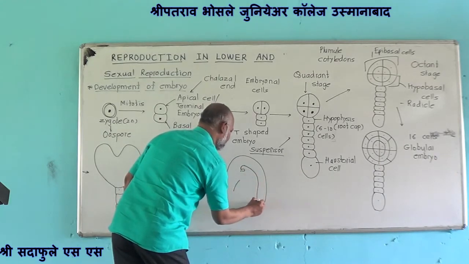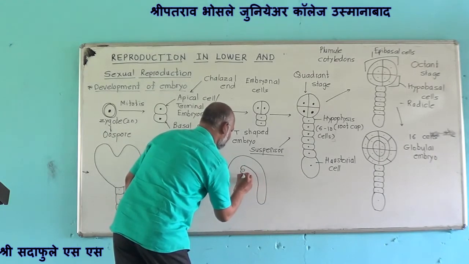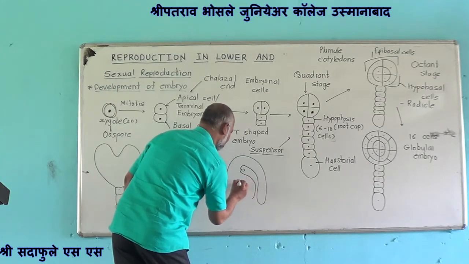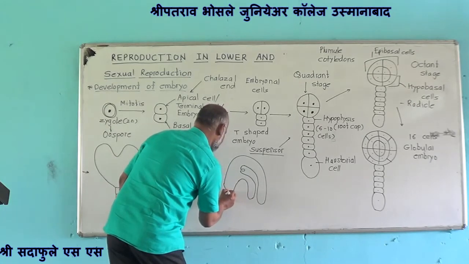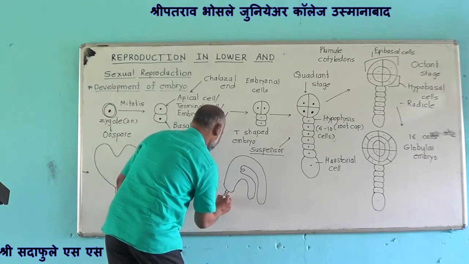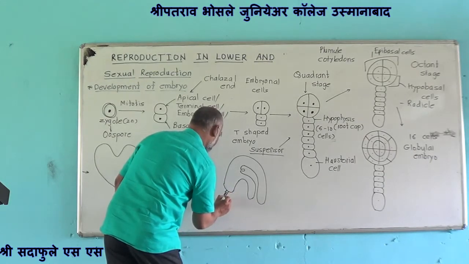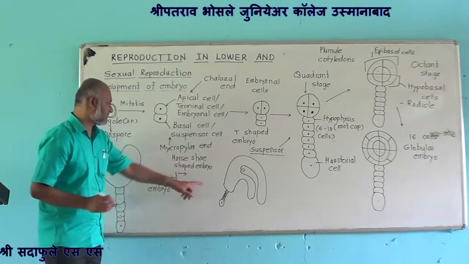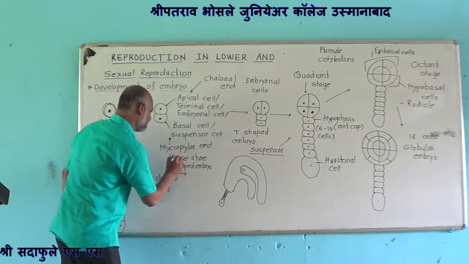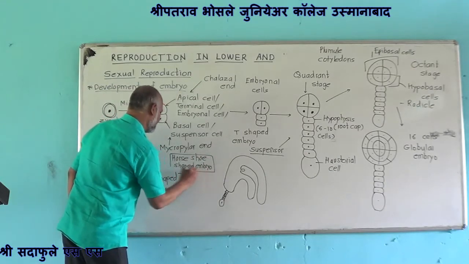Final structure of embryo. Here is again the suspensor, and here is the haustorial cell. Okay, it is a horseshoe-shaped embryo.